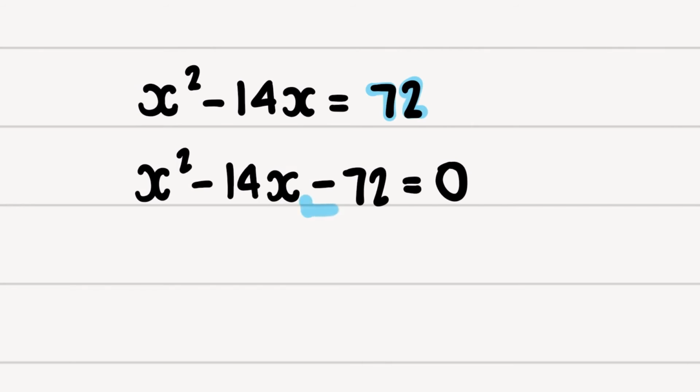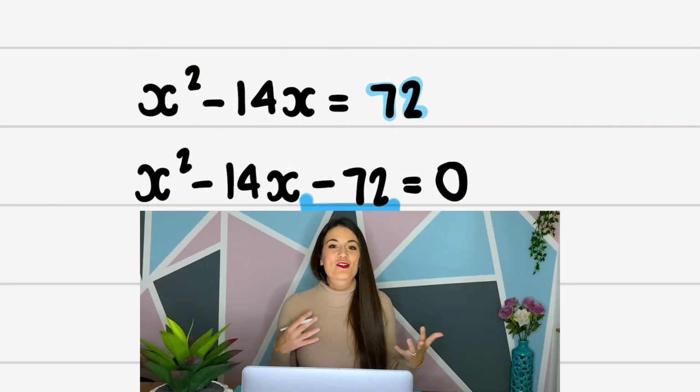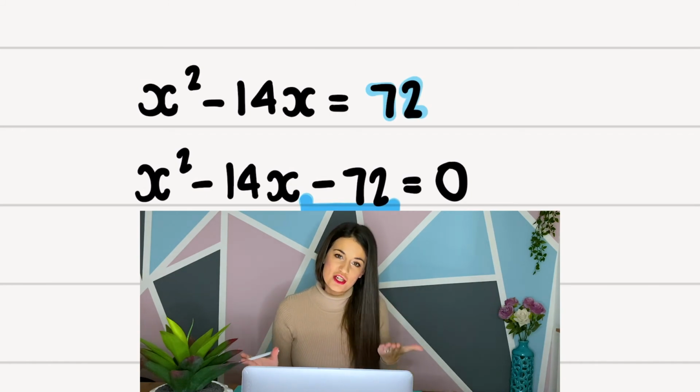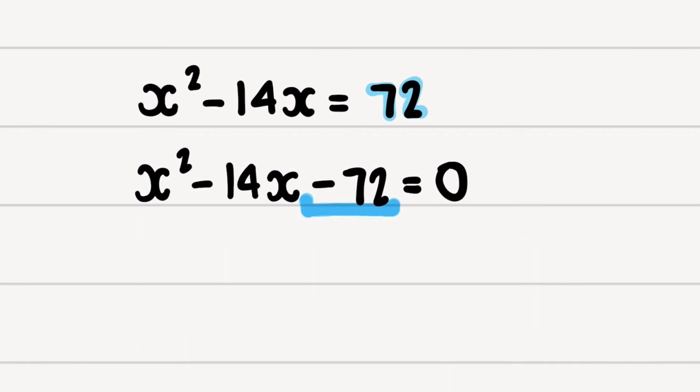I'm going to look at my third term, and my third term is a negative 72. So that tells me that the signs are going to be different, and that I'm subtracting the factors of 72 to give me my middle term, which is a 14. So I'm going to write out the factors of 72.